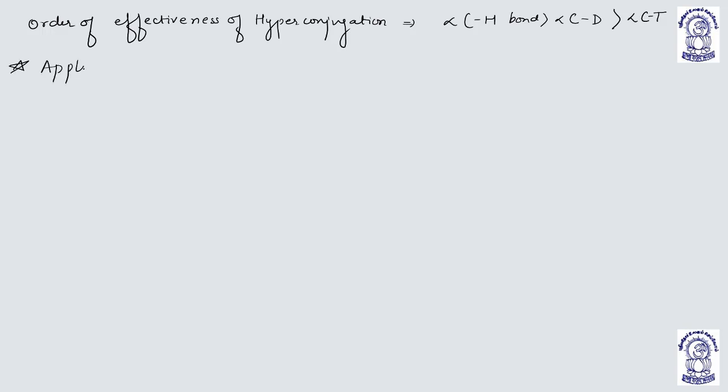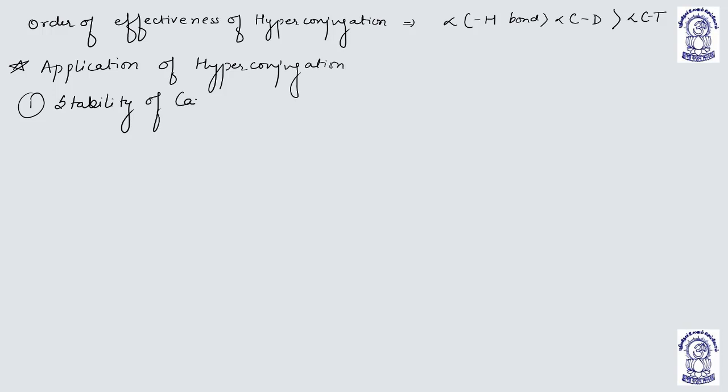Now comes the application part, where we are going to apply the concept of hyperconjugation to find out the stability of carbocations. In this, you have to remember, more number of hyperconjugating structures, more will be the hyperconjugation, more will be the stability.